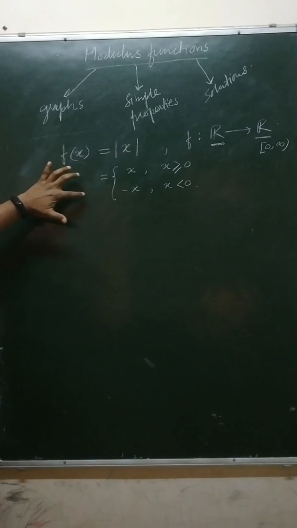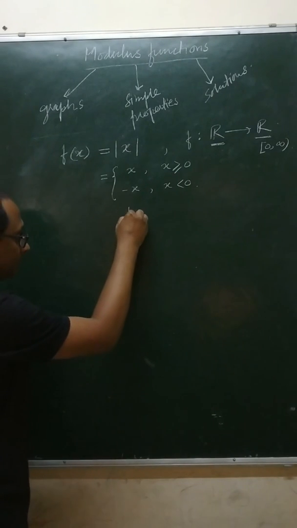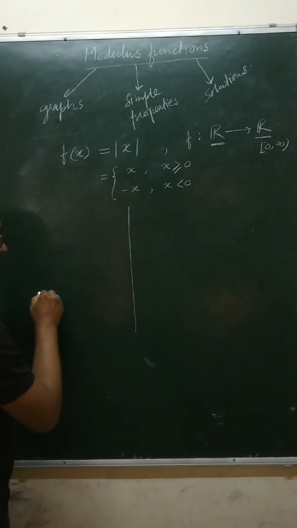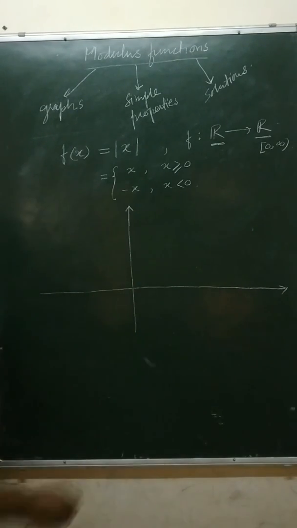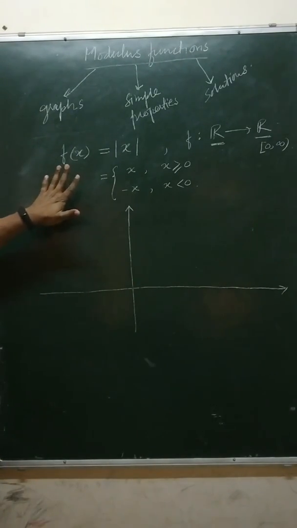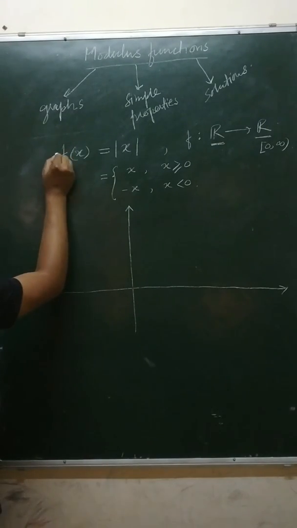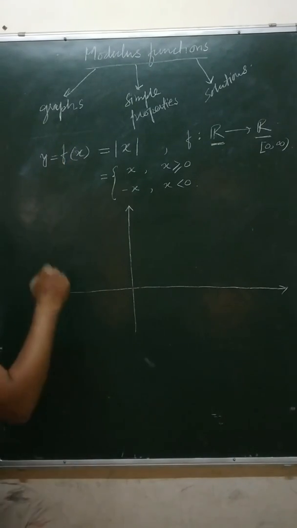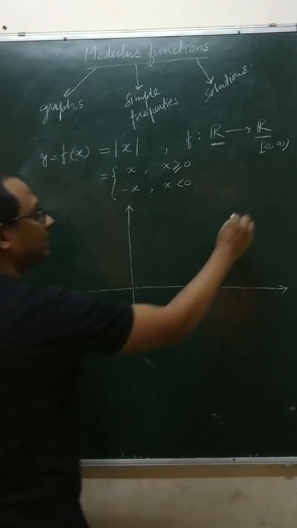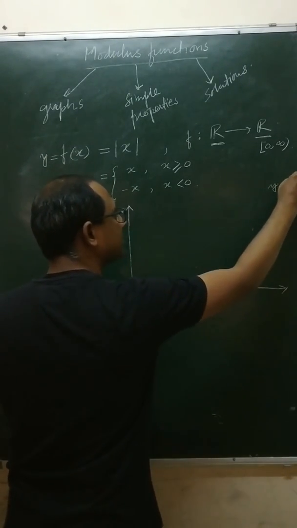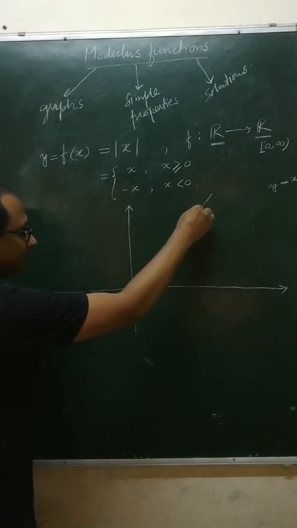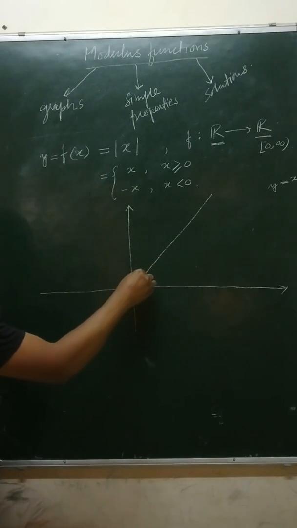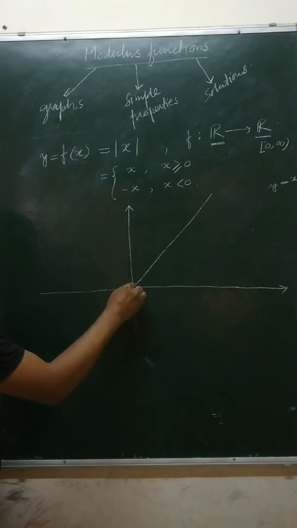Okay, so we are going to draw the graph of it, and I want you to pay attention here. This graph is going to tell you many things. We are going to draw y equal to f(x), so the graph of y equal to x. We already know y equal to x is a line passing through the origin, dividing the first quadrant into two equal parts.